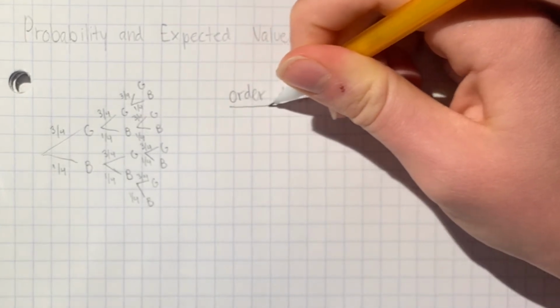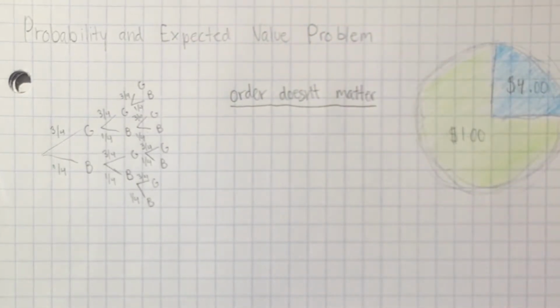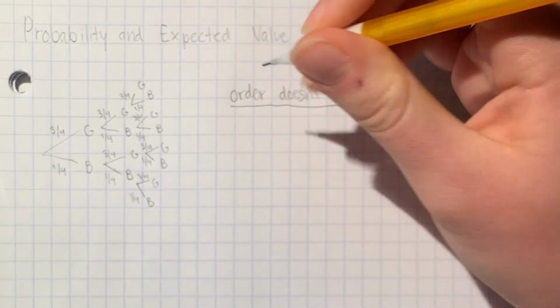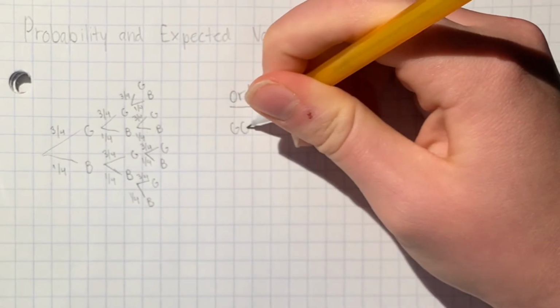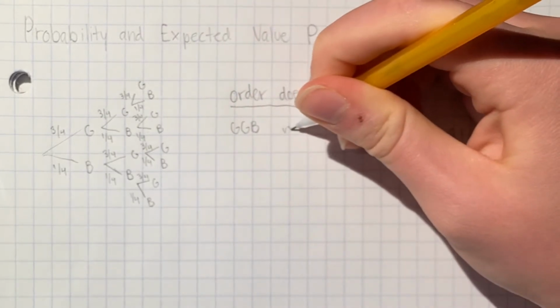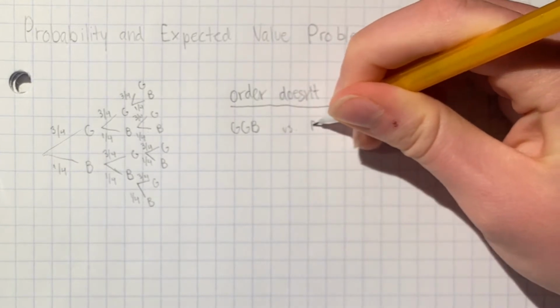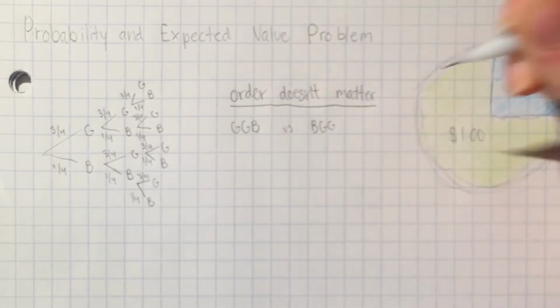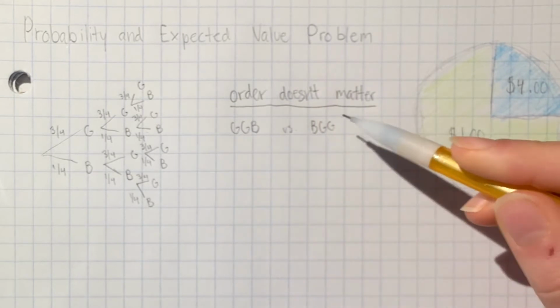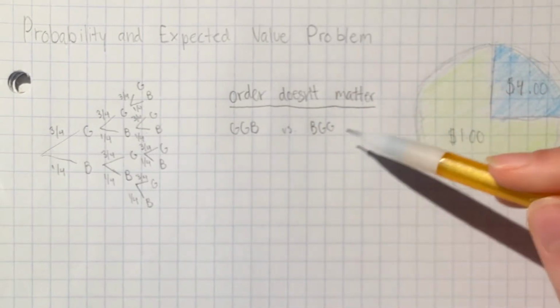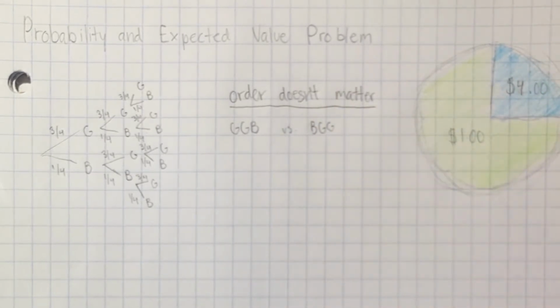And why do I say that? Well, what does order mean? Order would mean GGB versus BGG. So in both of these, I have 2 greens and 1 blue, but the order is different. So if I were drawing something out of a bag and not replenishing what I've drawn out, then order would matter because the probability is changing.